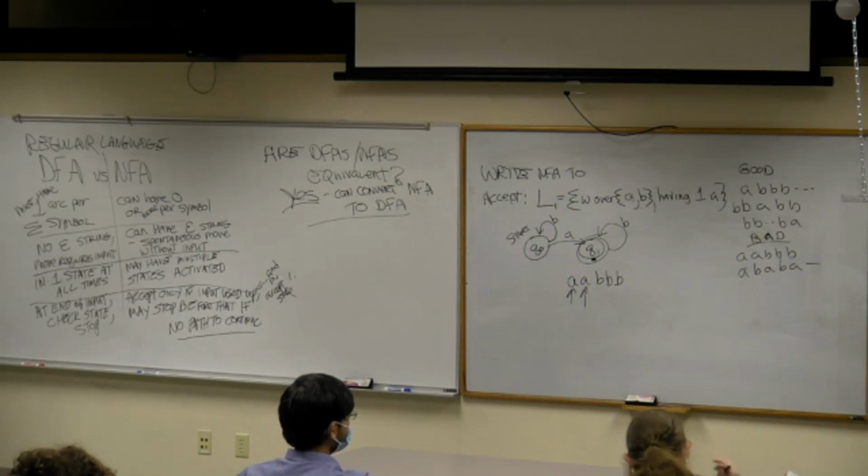Do we ever go the other way? Let me think about that. In a real sense, all of the things that are true on the NFA side would also hold if you have a DFA.